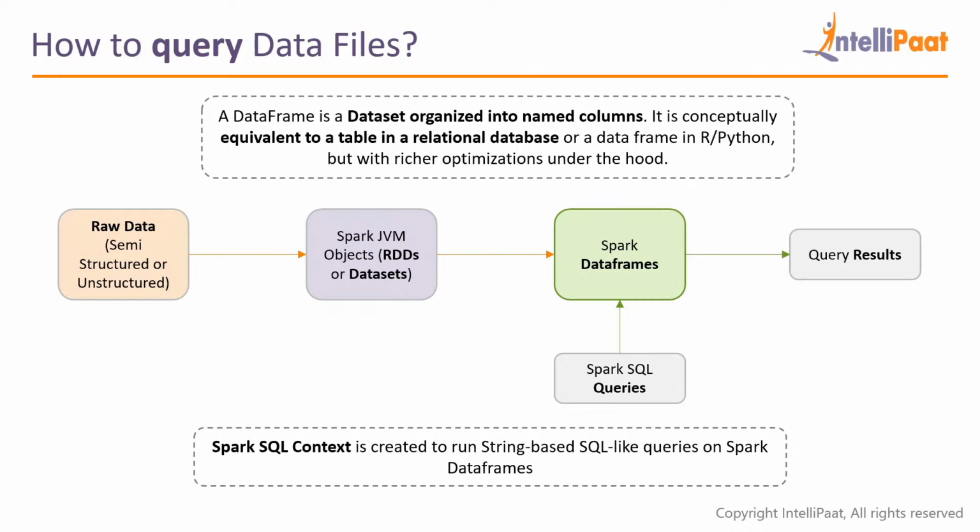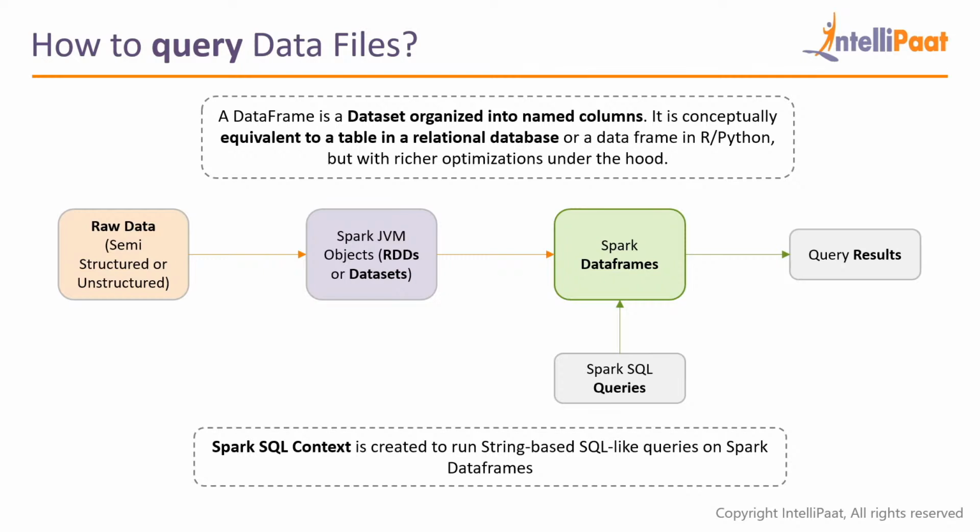So to explain that in brief, it basically means that Spark data frames are equivalent to SQL tables, right? The relational database tables, or you could basically equate them to data frames that you would normally create in R and Python, with vanilla R and Python, mind you. So it is basically equivalent to that. But the richer optimizations here imply that it is optimized for cluster computing.